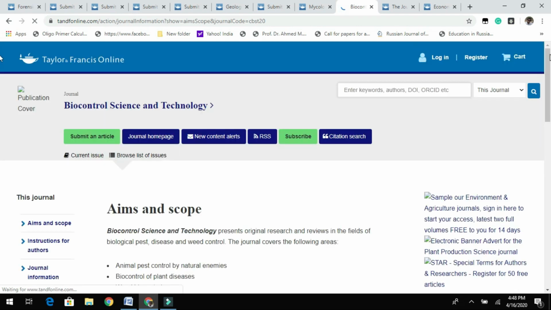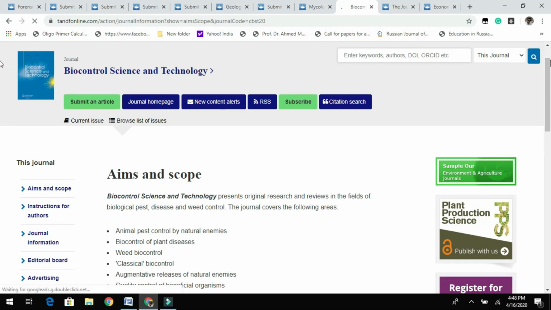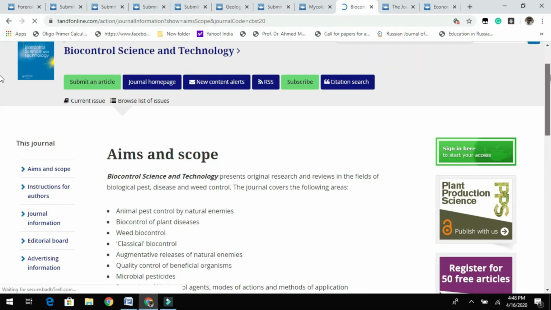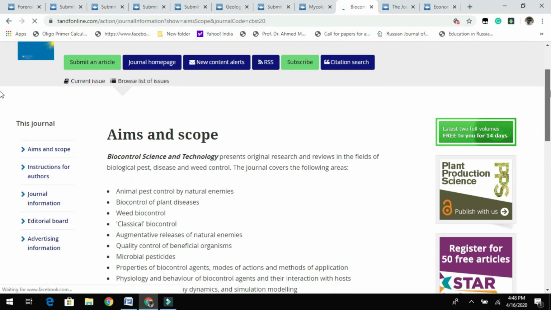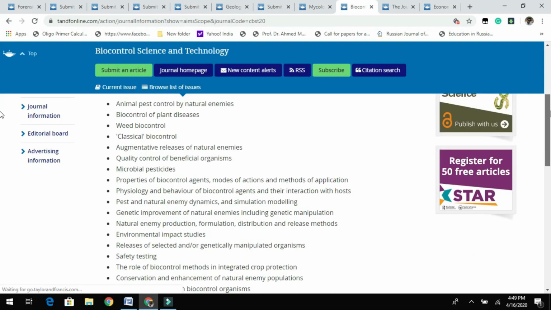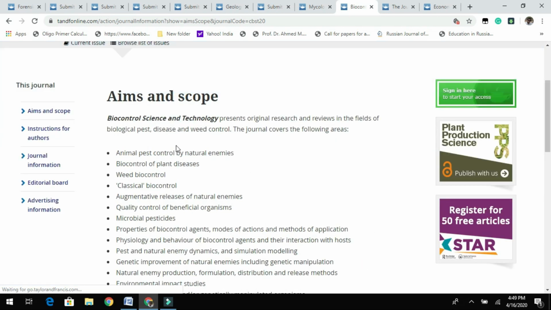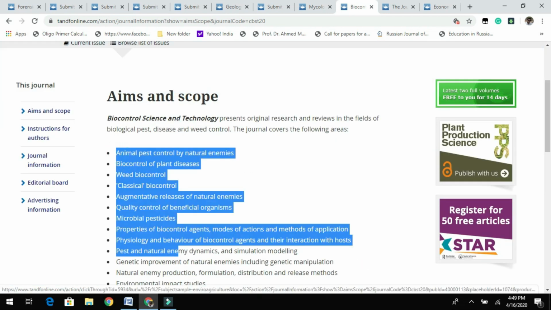The aims and scope of the journal are related to animal pest control by natural enemies, biocontrol of plant disease, microbial pesticides, etc. You can find the aims and scope and the themes related for their submission.